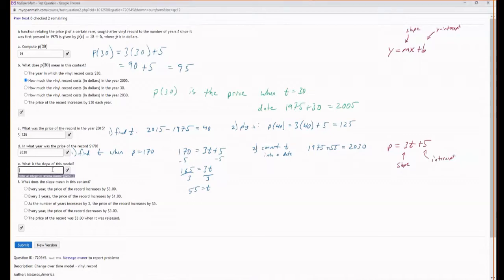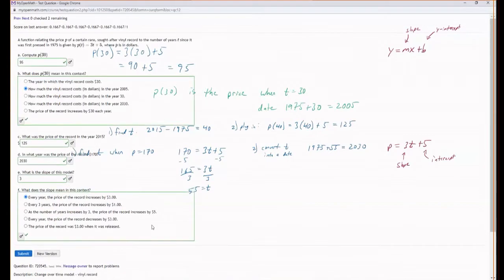So the slope of this model is going to be 3, and what that means is that every time the year goes up by 1, the price will go up by 3. So we find something that says that every year the price of the record increases by $3. Okay, any questions on that one?